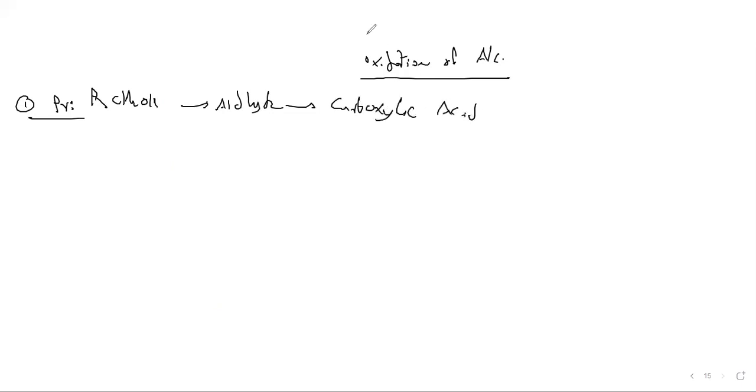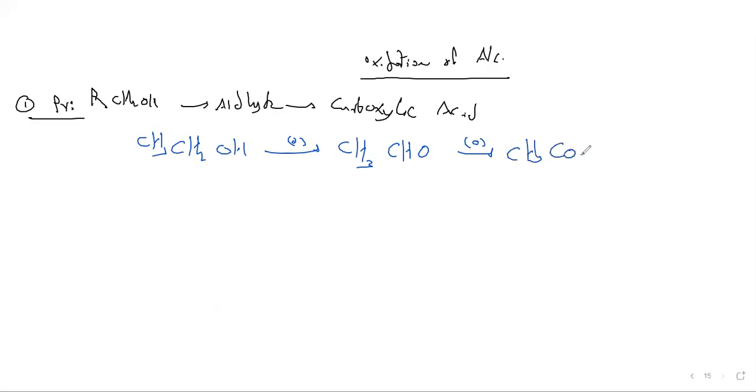Like, for example, if you have CH3CH2OH, it will be oxidized to form CH3CHO, then to be oxidized to CH3COOH.